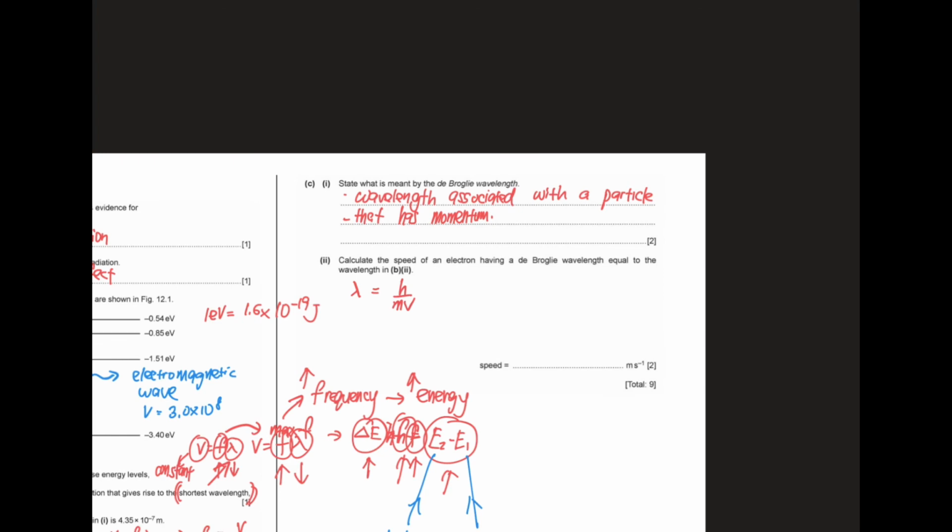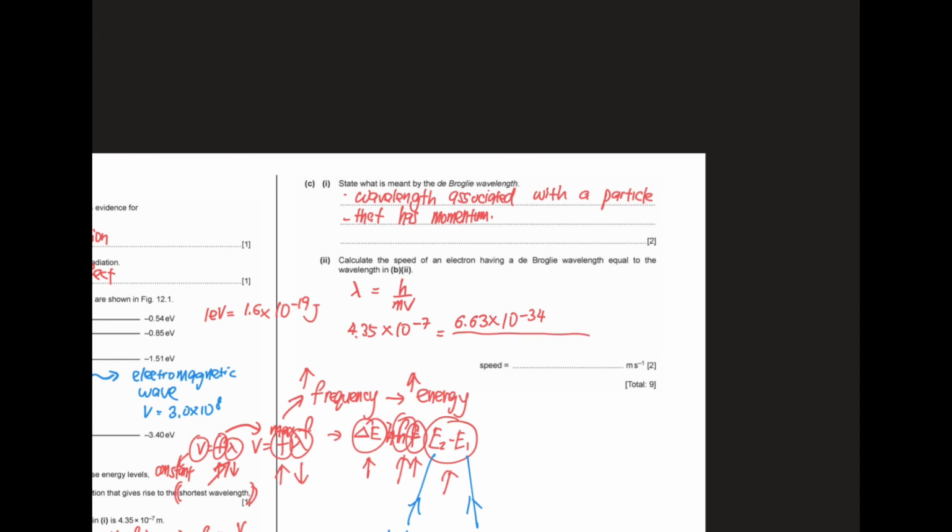The lambda we found in the previous part, 4.35 times 10 to the power of negative 7, and h is the Planck constant, 6.63 times 10 to the power of negative 34.